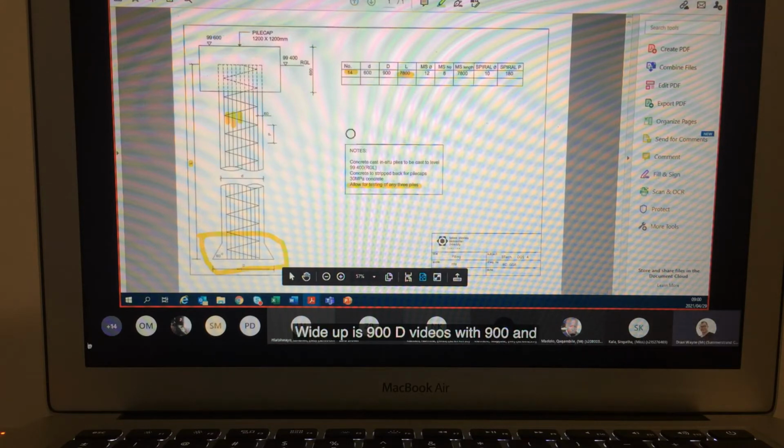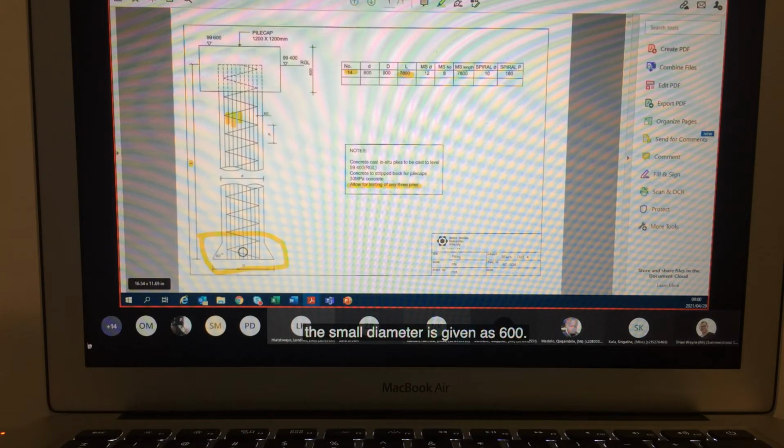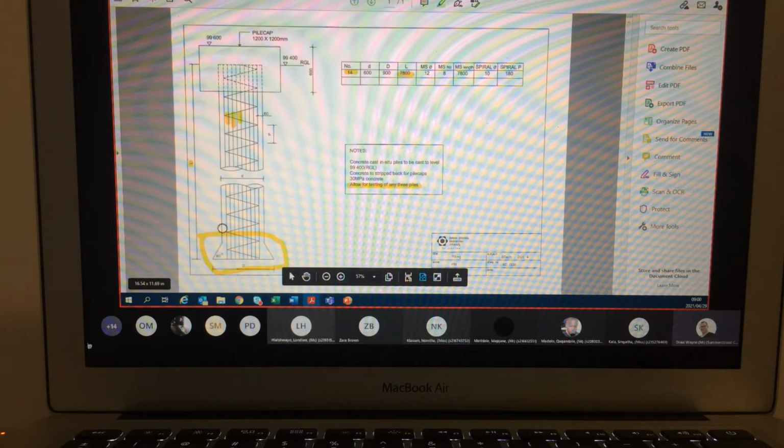It goes wider, D there tells me it's 900, and the small diameter is given as 600. So remember that we've measured this, we've excavated down there.